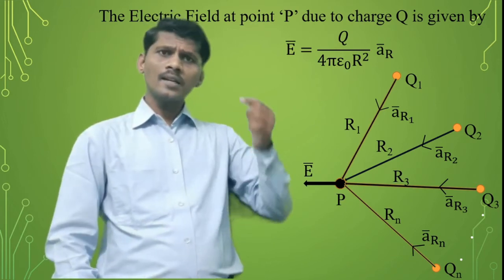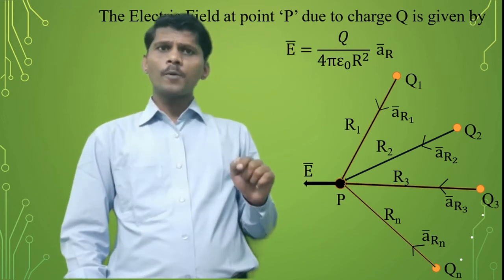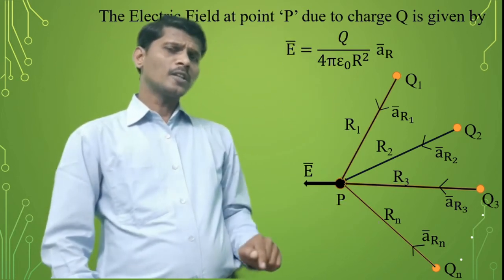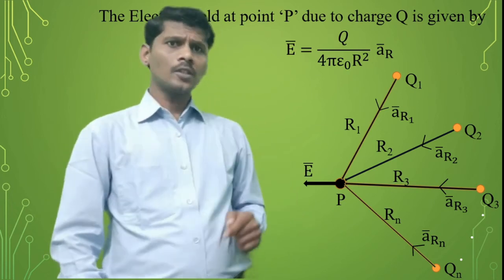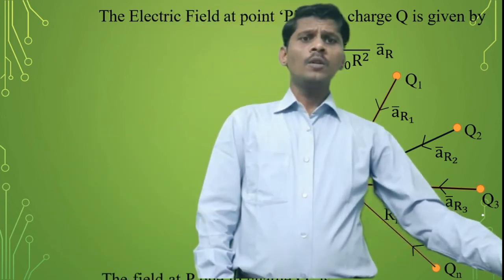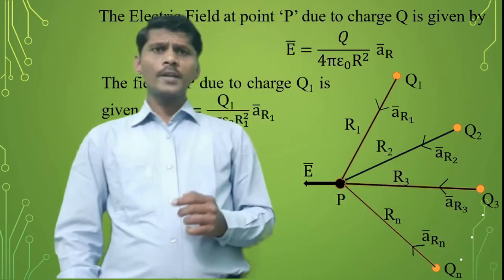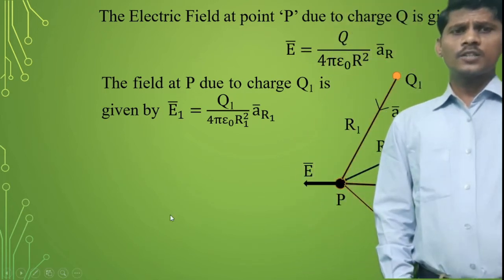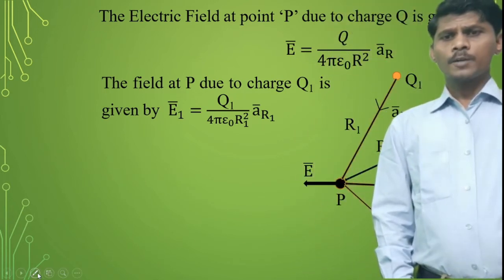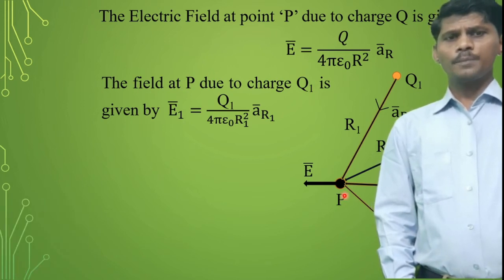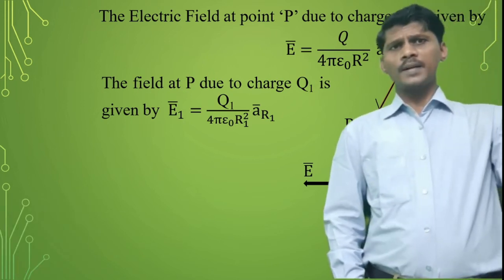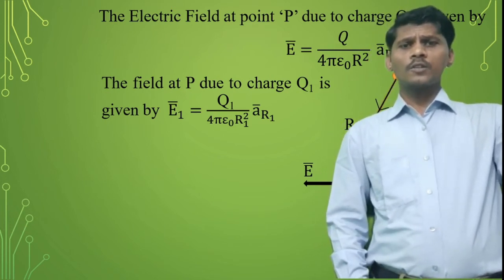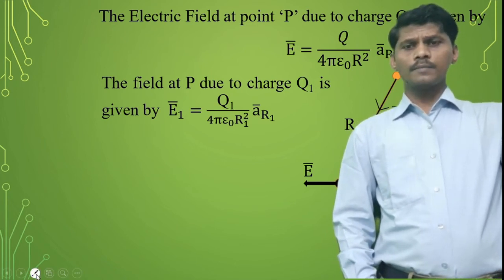Now here calculate the electric field intensity at point P due to the array of charges. The electric field intensity at point P due to the charge Q1 is given by E1 bar is equal to Q1 by 4 pi epsilon naught R1 square into AR1 bar. And the electric field intensity at point P due to charge Q2 is given by E2 bar is equal to Q2 by 4 pi epsilon naught R2 square into AR2 bar.